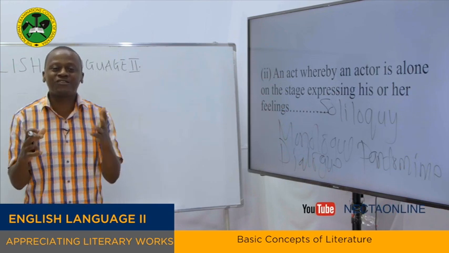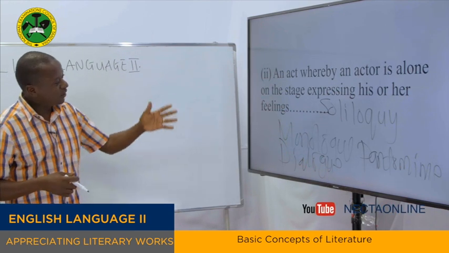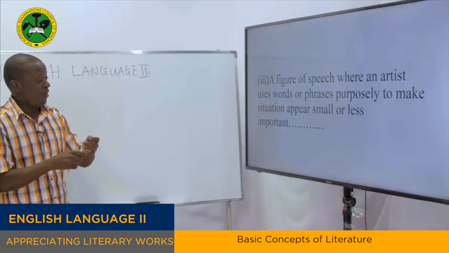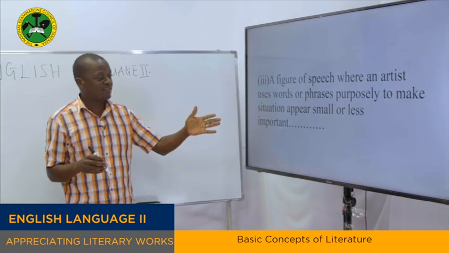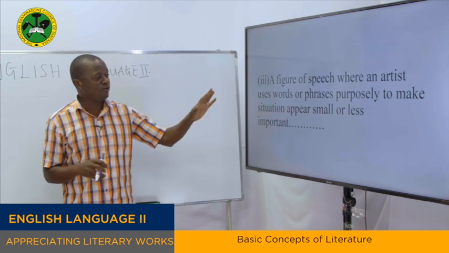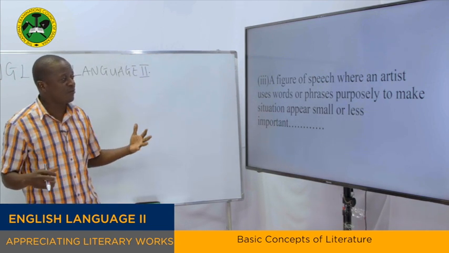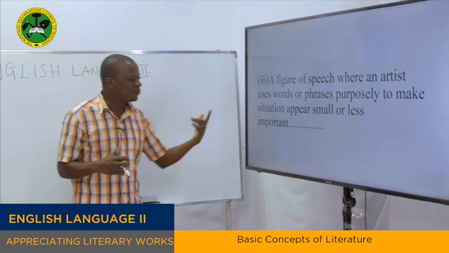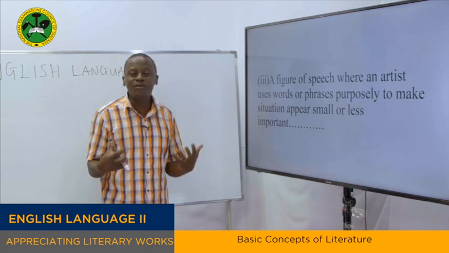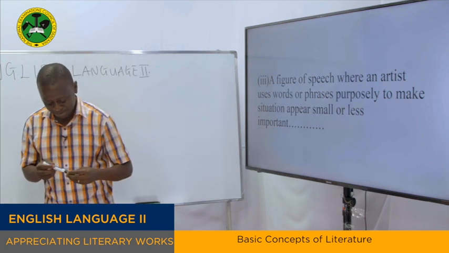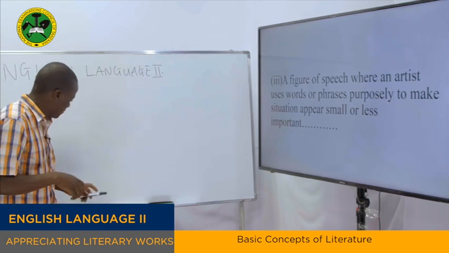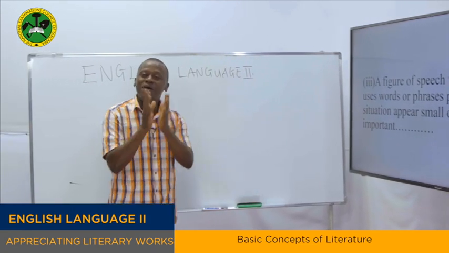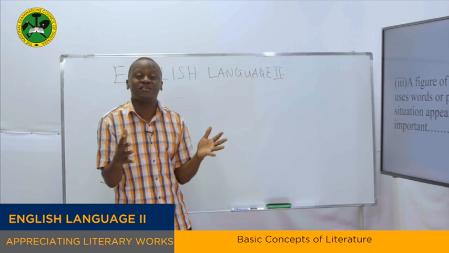My dear students, the next concept, question number 3, is: the literary term that fits right here, a figure of speech where an artist uses words and phrases purposely to make a situation appear more or less important. Remember that this is literature, my students.